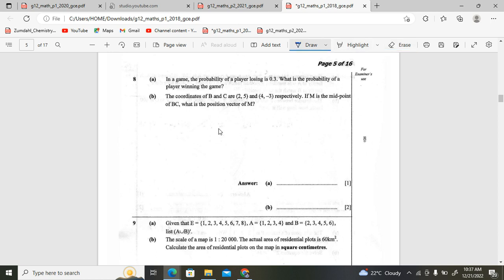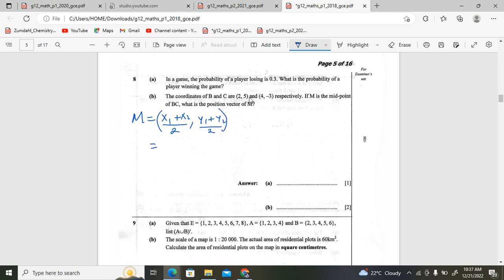Okay, B, the coordinates of B and C are 2, 5 and 4, -3 respectively. If M is the midpoint of BC, what is the position vector of M? Now we're just talking about M, which is the midpoint, and we know that midpoint is given by x1 plus x2 divided by 2, comma, y1 plus y2 divided by 2.